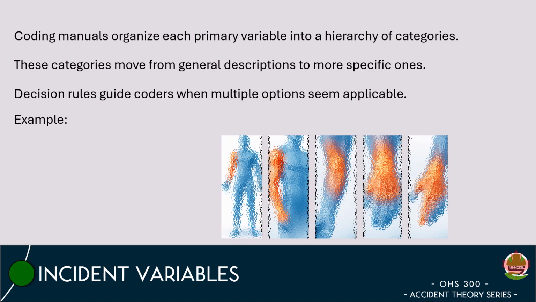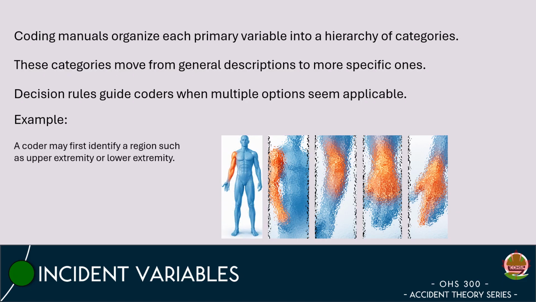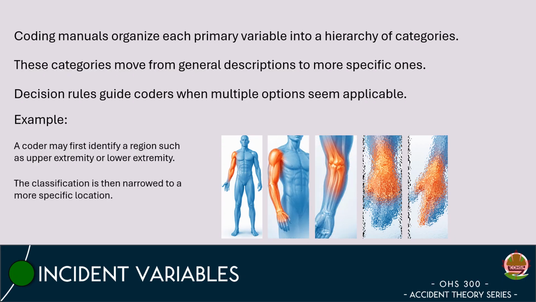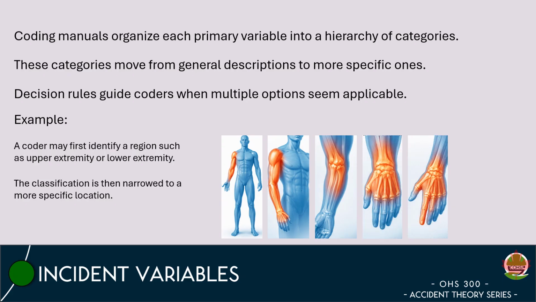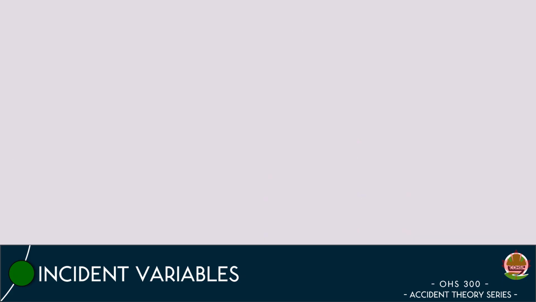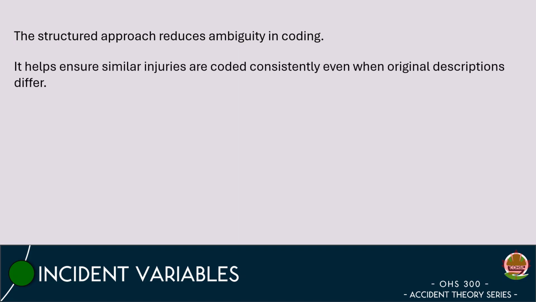For example, when coding the part of body variable, the coder begins by identifying a broad body region, such as upper extremity or lower extremity, and then progressively narrows the classification to a specific location, such as the forearm, wrist, or finger. This structured approach reduces ambiguity and helps ensure that similar injuries are coded in the same way, even when the original narrative descriptions differ.